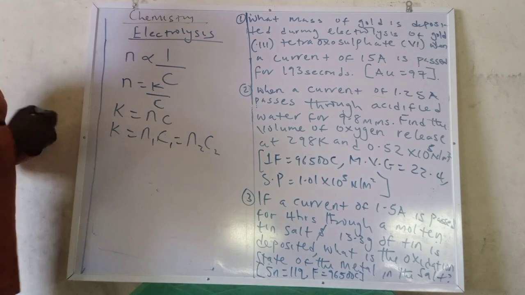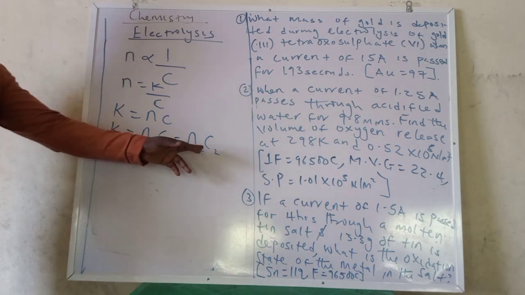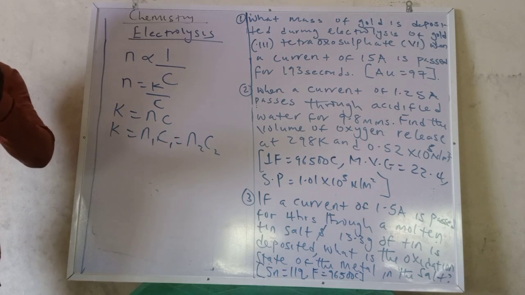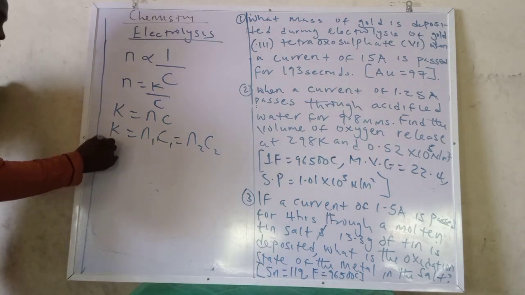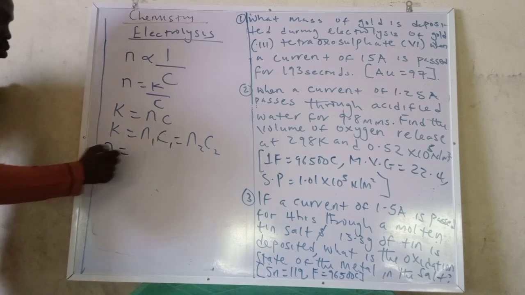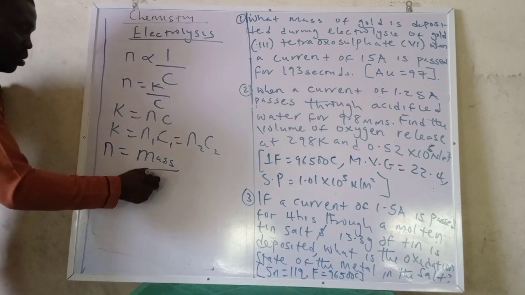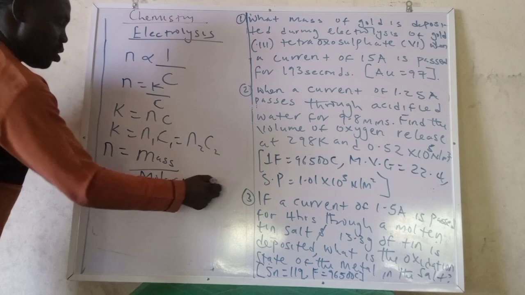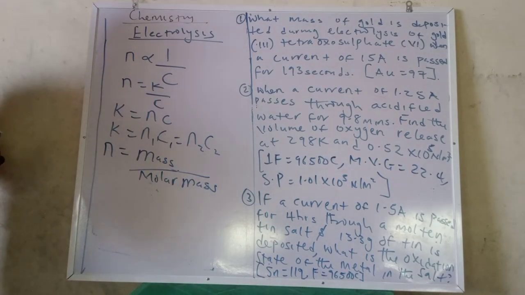Do not forget, N refers to the number of moles, and C refers to the charge of the ions, the valence. Are you following now? Yes, sir. Now, do not forget that this N, the mole, is mass over molar mass. So we have N equals mass over molar mass.